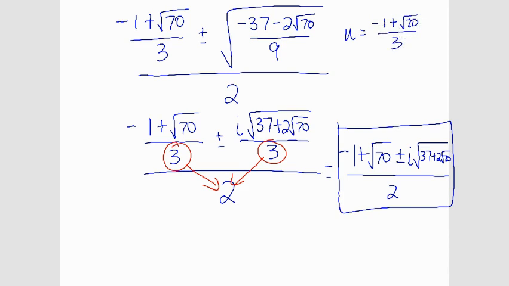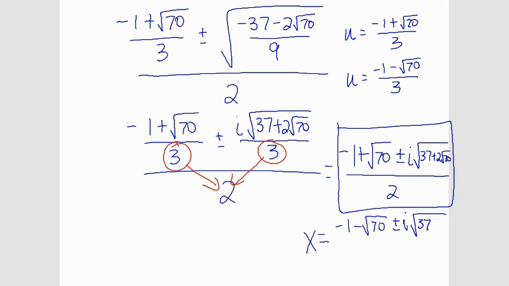If we then went with u is equal to negative 1 minus root 70 over 3, then this would change to x is equal to negative 1 minus root 70 plus or minus i root 37 minus 2 root 70, all over 2. And actually, sorry, those should be 6's. That's my bad. I did a very impressive and entertaining montage, and I couldn't even get the denominator right in the end.